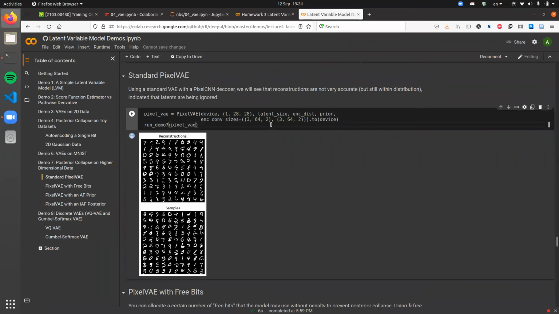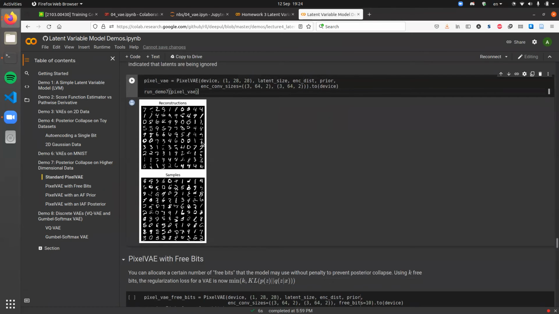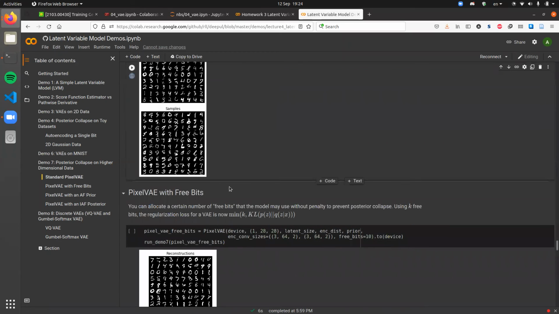Because, as we discussed on that toy example with Gaussians, when we have a decoder that is expressive enough to model our data distribution, it is easier for the model to just set the latent to be as close to standard normal as possible, and use the expressive decoder to model the resultant distribution. One of the possible ways to avoid it is free bits.